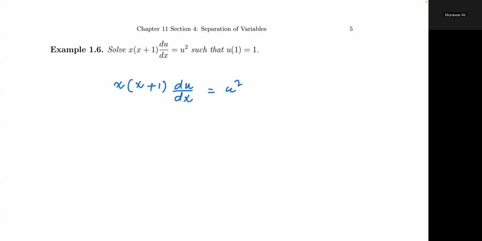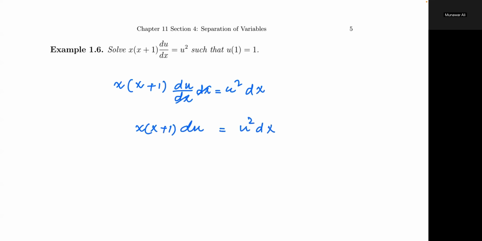The variables are u and x. Let's separate the variables. So multiplying dx first on both sides, x times x plus 1 du is equal to u squared dx.